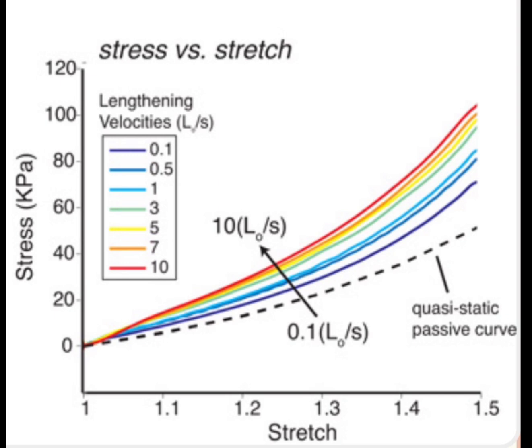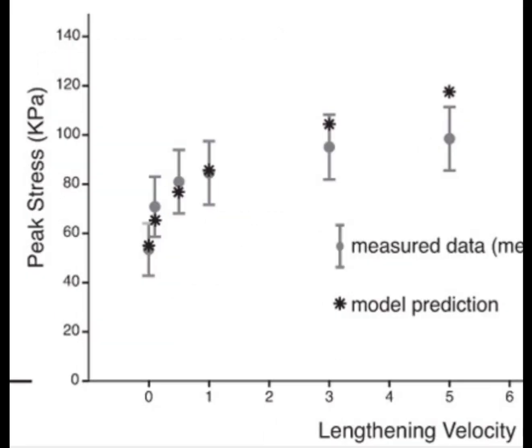And so you can see that as you stretch further, you get greater force, but if you stretch at higher velocities over that same range, you get higher force. This is what the graph looks like when you plot the velocity and the force. You can see this is basically a mirror image of the lengthening side, or the eccentric side, of the force velocity curve. Okay, so faster lengthening produces higher force even in a completely relaxed muscle.